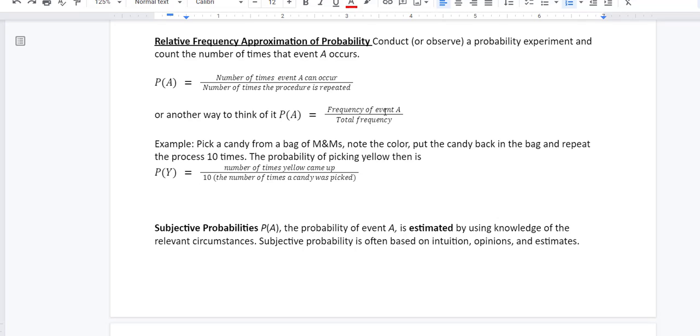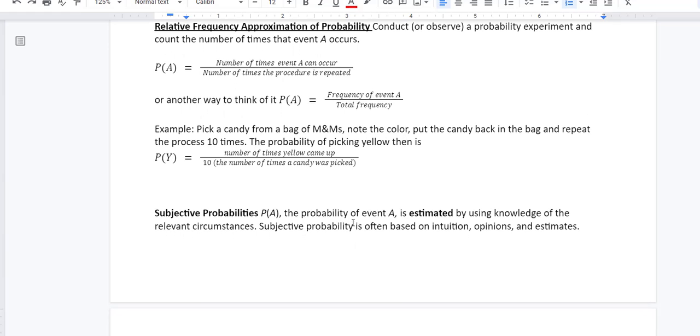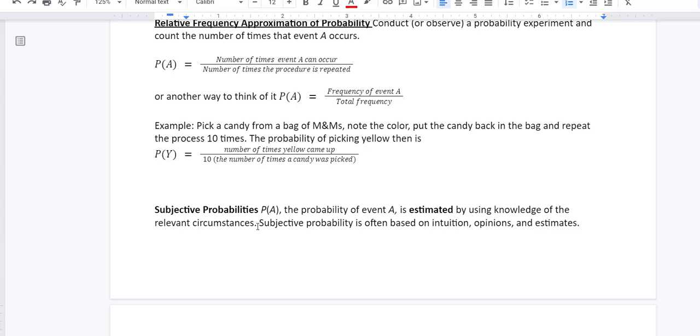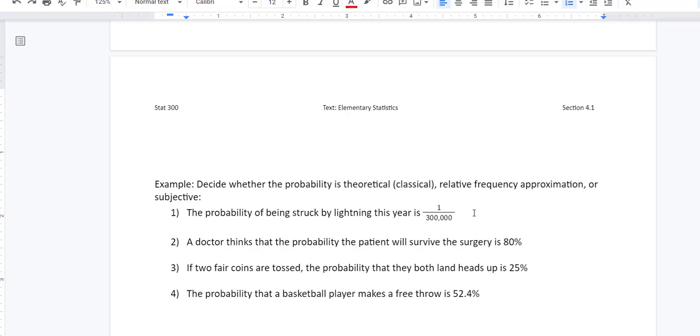The frequency of event A occurring, being struck by lightning, over the total frequency, total lightning strikes. So this one makes sense, and it is not subjective because it's not based on opinion, intuition, or relevant circumstances. So I will say this is relative frequency approximation.